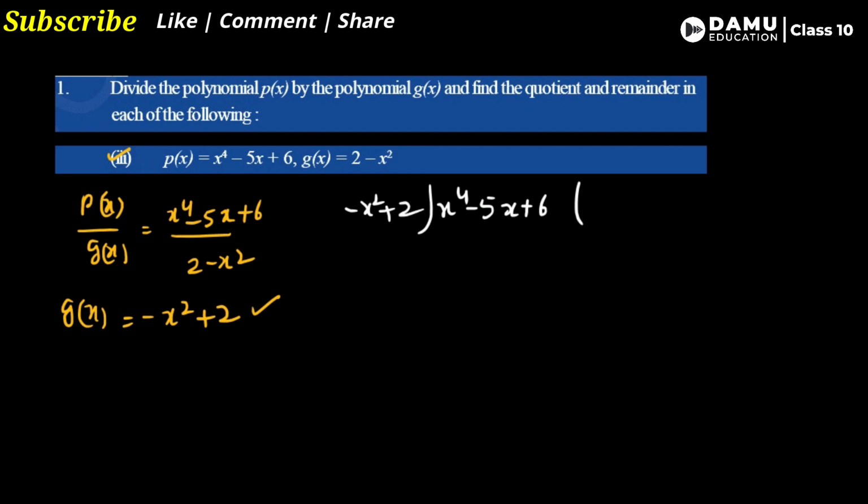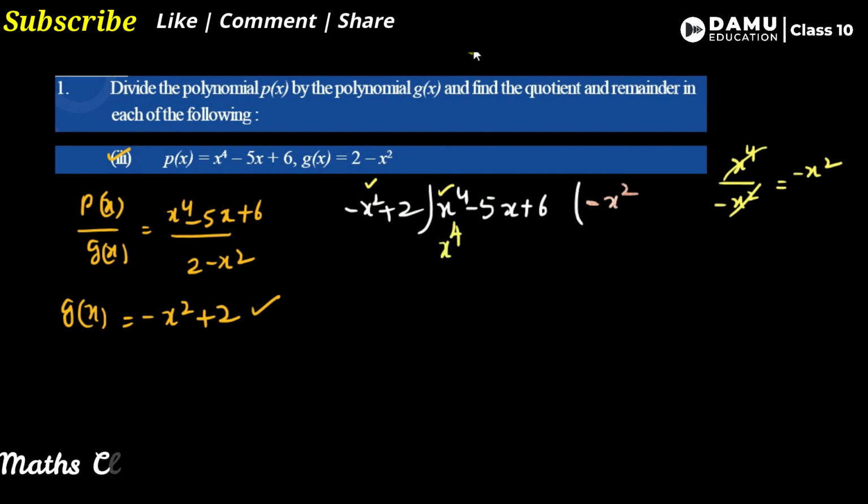So what we have to do here? First, x power 4 and minus x square. Let's do it with minus x square. So here x square minus x square we will get. So x square and 2, here we will get x square minus. Why is minus important? Minus x square multiplied with this, so minus into minus will become plus, that is x power 4.